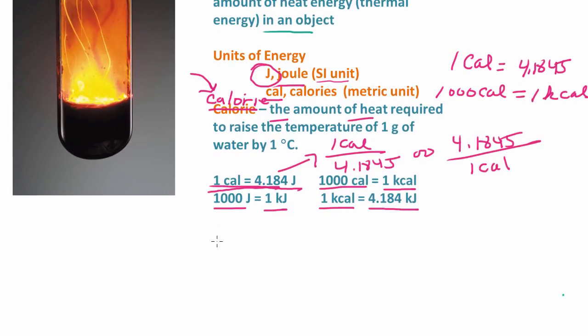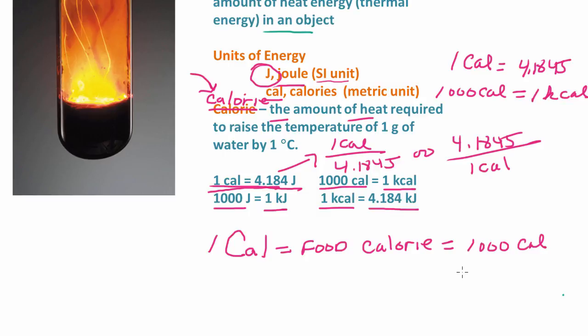We also have this, and this is a capital C. So 1 capital Cal is a food calorie. And this is equal to 1,000 calories or 1 kilocalorie. Those labels that tell you how many calories are in a serving of food, those are actually kilocalories.